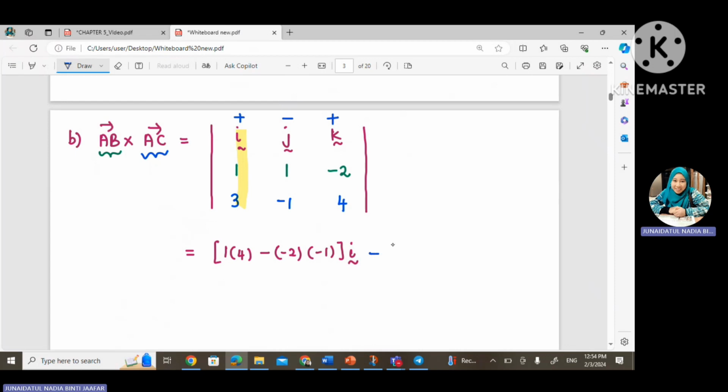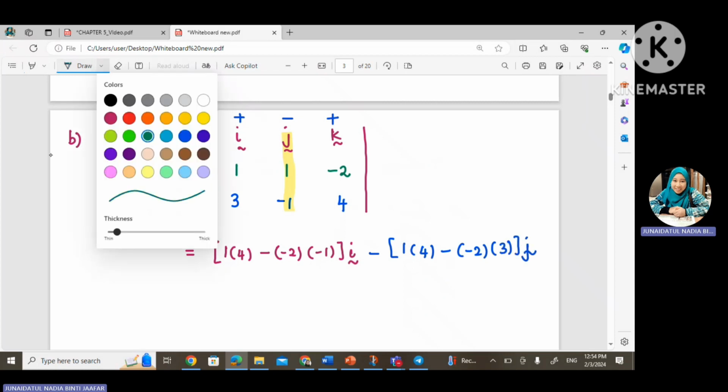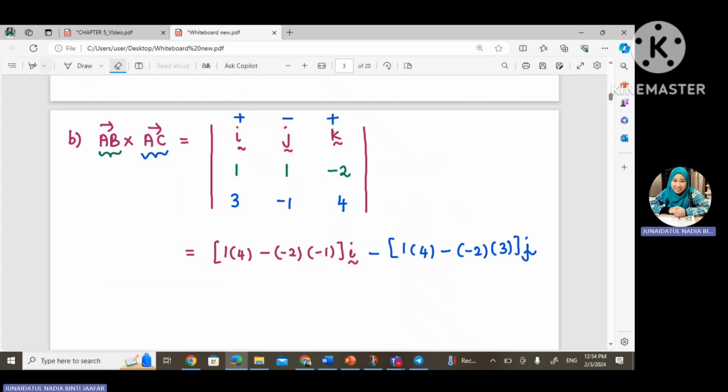So minus, for j, we have 1 times 4 minus negative 2 times 3. And the last one is k: plus 1 times negative 1 minus 1 times 3.